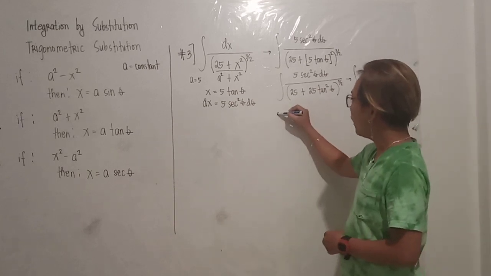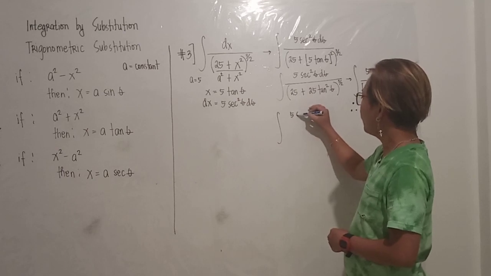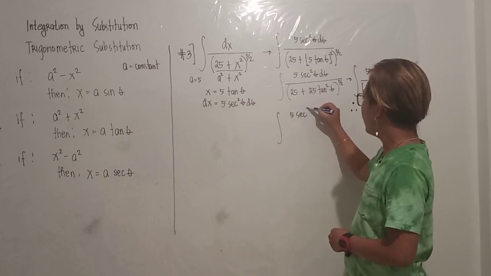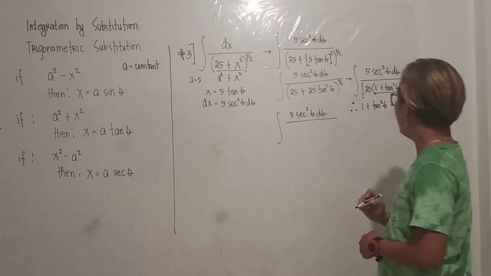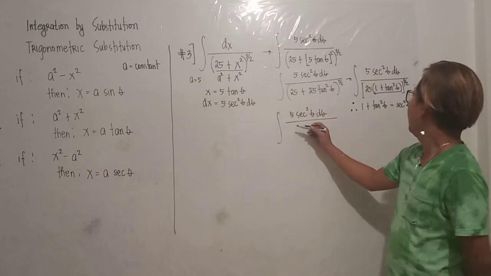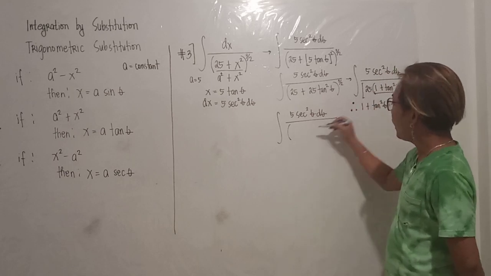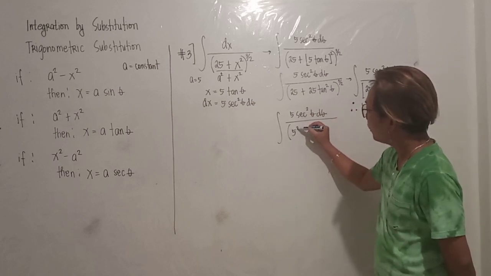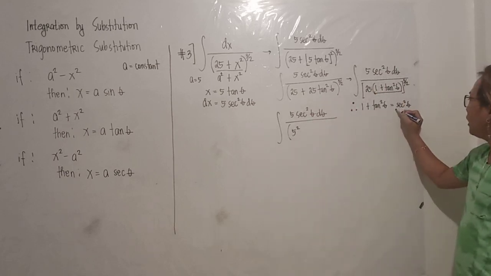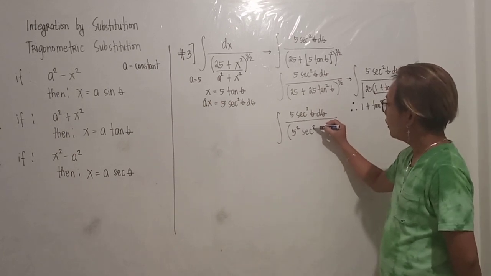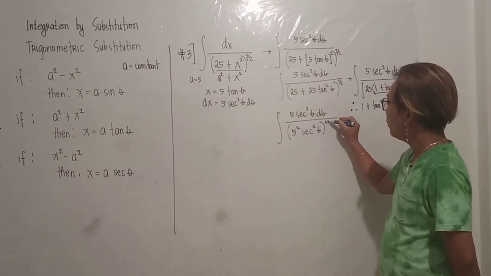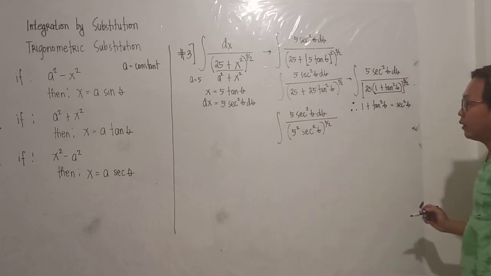So you will now have 5 secant squared theta d theta all over, this will be 25 can be 5 squared. Then secant squared theta raised to 3 halves.